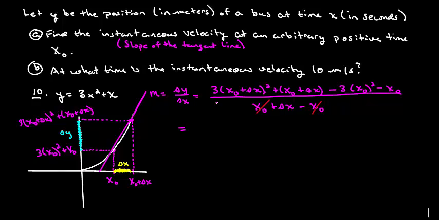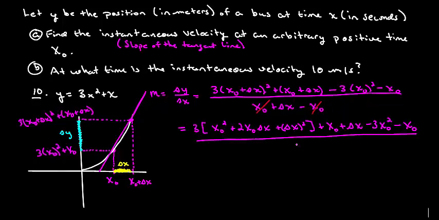So we'll do our algebra out here, and we get 3 times the quantity, x naught squared, plus 2x naught delta x, plus delta x squared, minus 3x naught squared. Oops, I missed a piece there. I need plus x naught plus delta x, now minus 3x naught squared minus x naught. Okay.